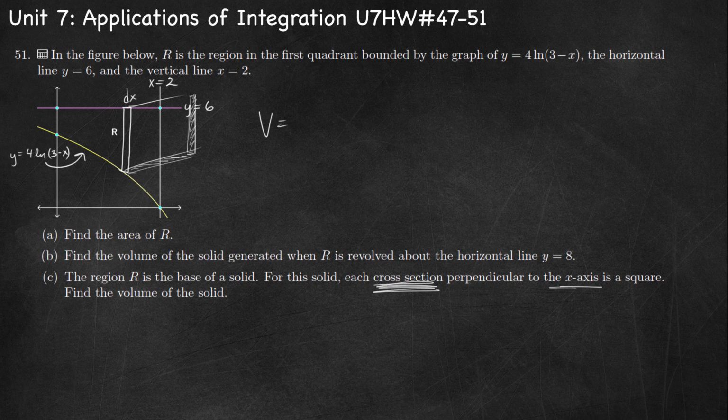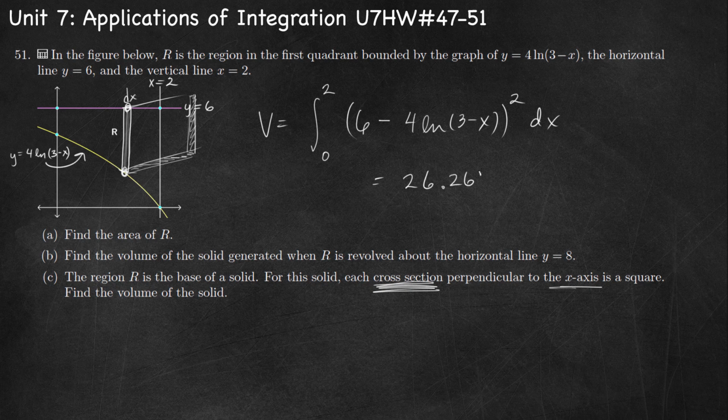So for a square, our coefficient is 1, and then we integrate 0 to 2, just this vertical distance here, so top y minus bottom y. The top y is 6 minus the bottom y, which is 4 ln 3 minus x, squared, times dx. And that gives 26.267.